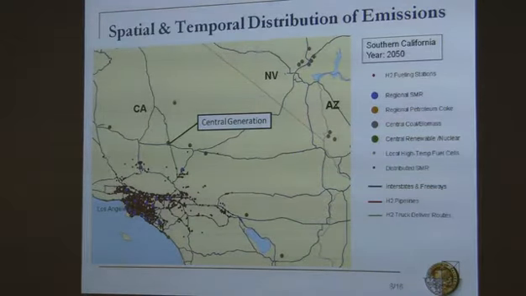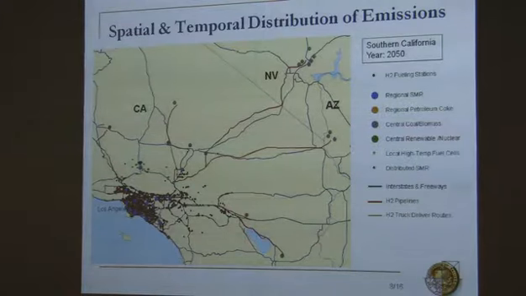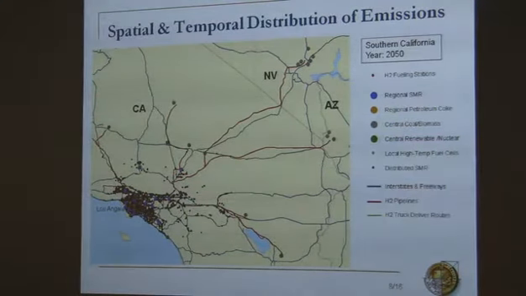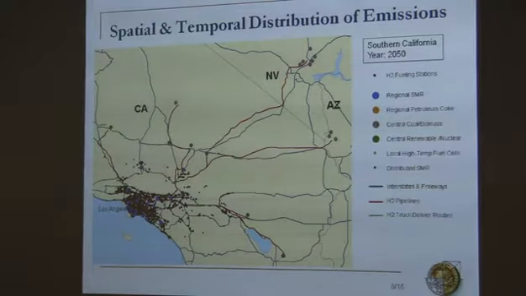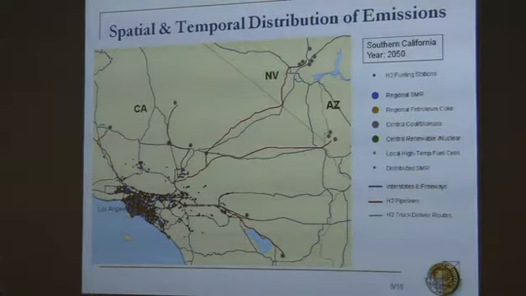That will help us get the spatially and temporally resolved emissions, but we need more information. We also need the distribution of hydrogen, and this distribution is shown in this red line. These are existing infrastructure used for the transportation of natural gas.